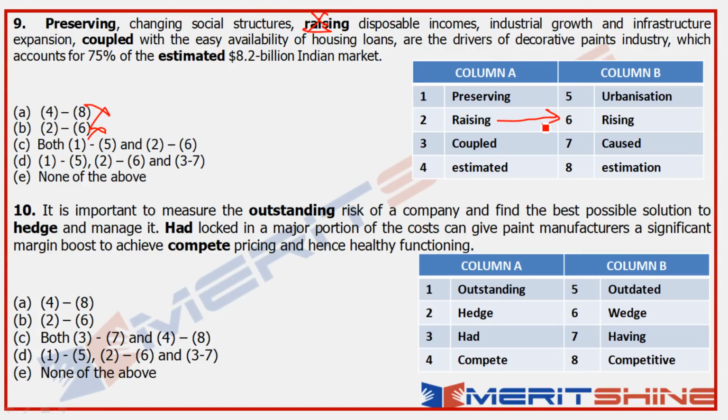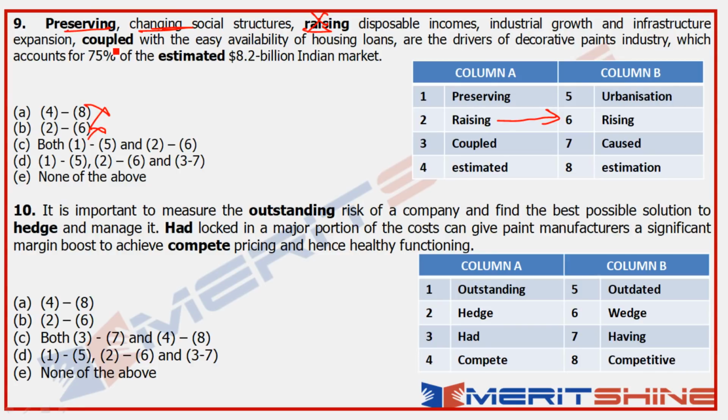It has to be an activity that is happening. These are all active: preserving, changing, rising, industrial growth and infrastructure expansion. And when I say raising, it does not remain a gerund at all. Then it becomes a continuous verb. So 2 6 would also be there.